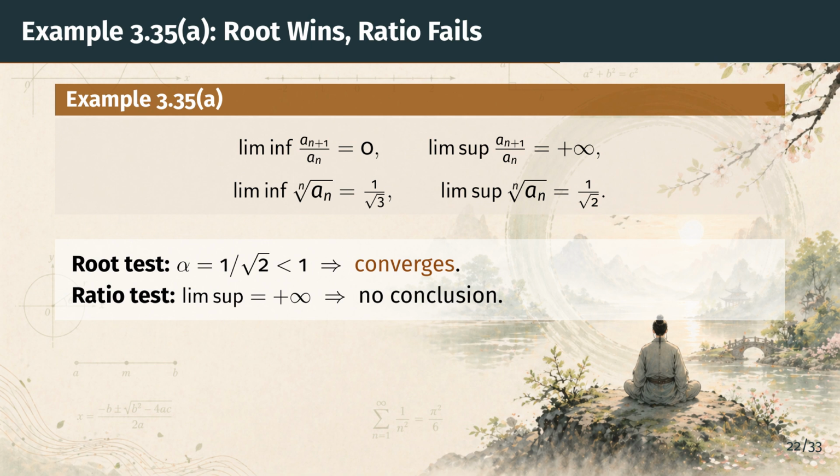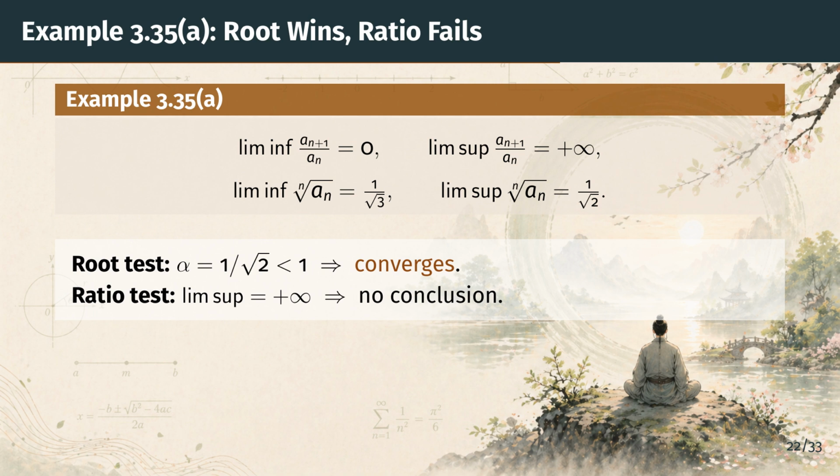The roots, however, are tame. The nth roots stay between 1 over root 3 and 1 over root 2. The root test uses the upper limit, 1 over root 2, which is less than 1. So the root test cleanly concludes convergence. The root test succeeds exactly where the ratio test fails.